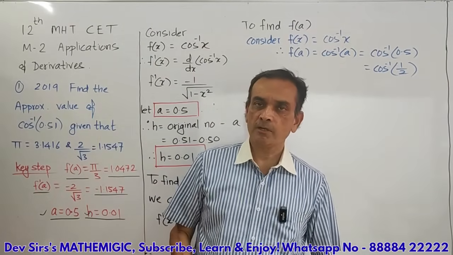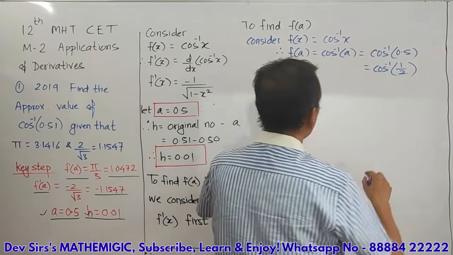Cos 60 is half, right? So cos inverse half is 60 degrees.